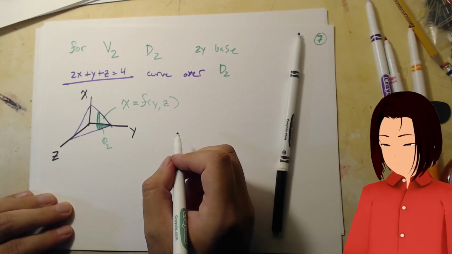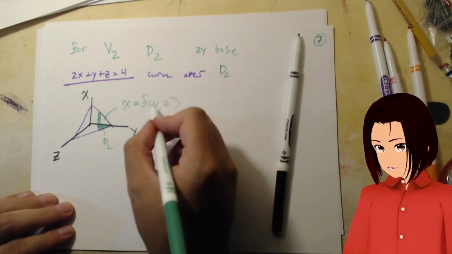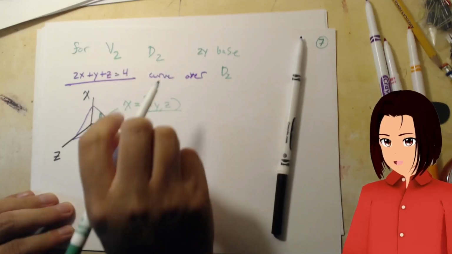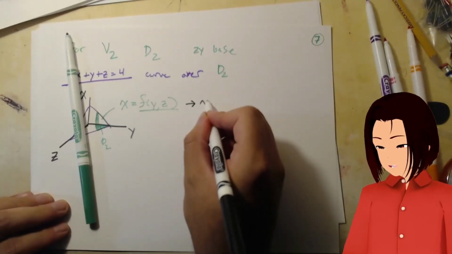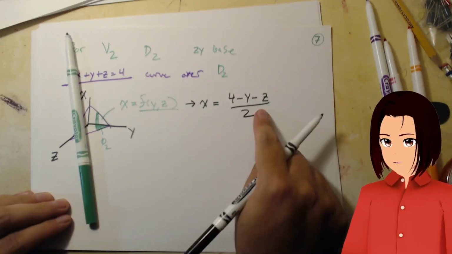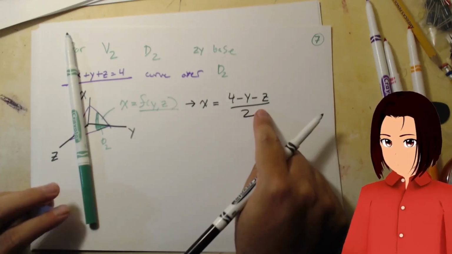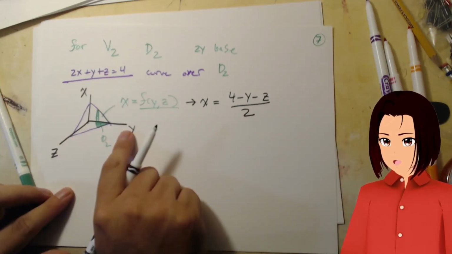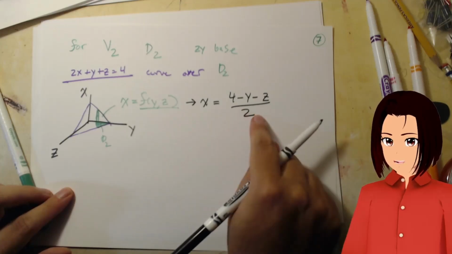That's what we're doing. And we get this from this guy. So we just rearrange it like this. So we just have x is equal to 4 minus y. This is how the curve behaves over the zy plane. And that's what we're doing.